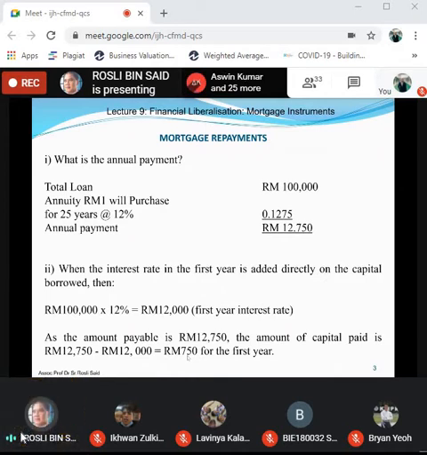Then we stop and want to sell the property in year 3. So we did not keep our promise, and we pay the prepayment penalty.